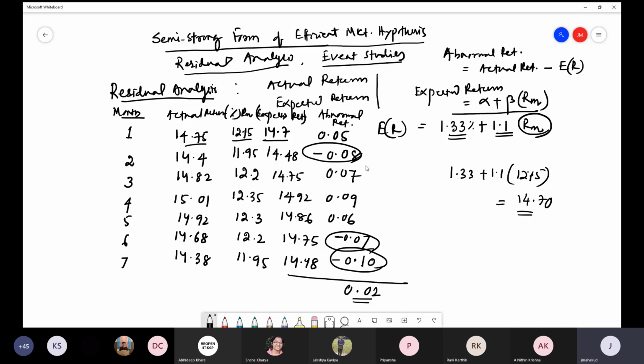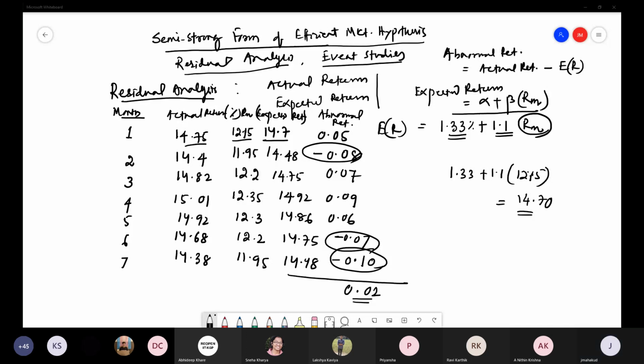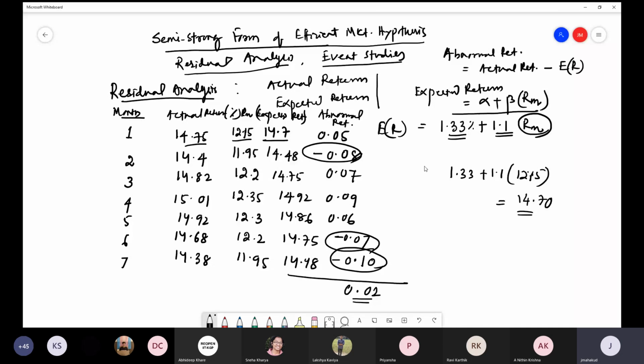If you observe from this particular example, the sum of the abnormal returns is more or less 0.02%. These are all percentage data, 0.02%. So 0.02% is approximately equal to 0. That is the assumption we can make. In this case, it may be close to 0.